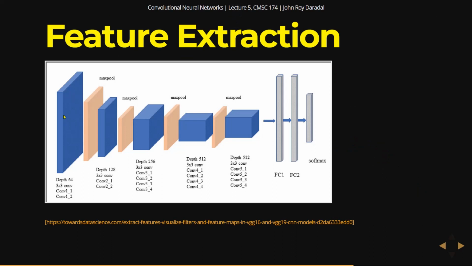From a big image that only has a depth of 64, if we max pool it, it becomes smaller in size. But to compensate for the smaller size, we can have more filters. So the depth now is 128, and if we max pool it again, it becomes smaller, but again we can add more depth, like 256. So more filters. Now we can have 512 here, 512 here, and so on.